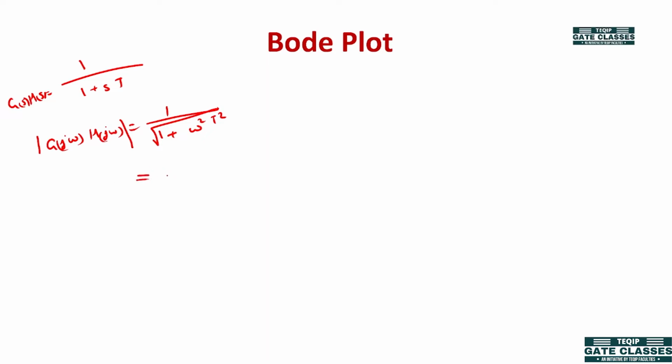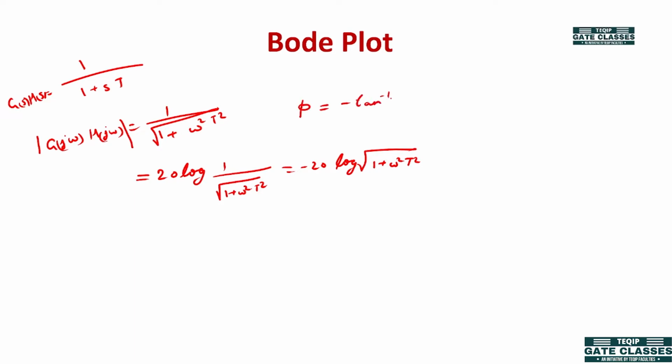If we write it in decibel form, it becomes 20 log 1 by under root 1 plus ω square T square, or minus 20 log under root 1 plus ω square T square, and the phase angle will be minus tan inverse of ωT. So we will have two conditions: when our frequency is very low, and second, when our frequency is very high.